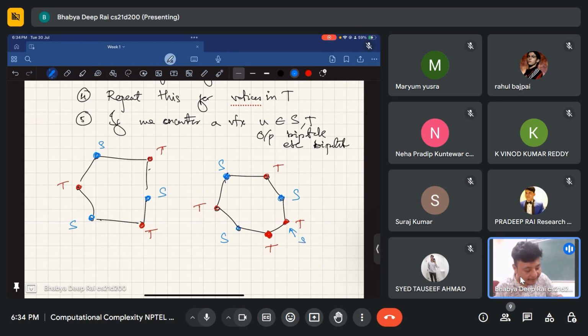This I should put in S, and this person again is colored T, so his neighbor, this person, should be in S. So it's colored both red and blue. It is both in S and also in T.